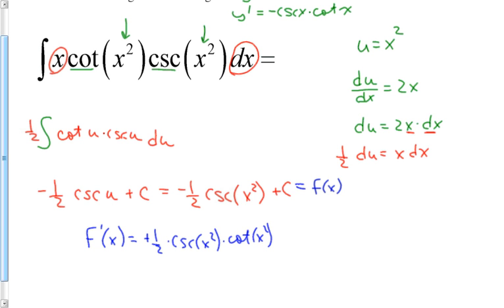Got to do my chain rule, so I'll have to take it times the derivative of x squared, which is 2x. So then my 2 and my half are gone, and I'm left with x times the cosecant of x squared times cotangent of x squared, which basically is what we started with. Okay, now with these problems that you've got, I have an answer sheet there. So as you're doing these indefinite integrals, you should be able to check your answers as you go. Okay, good luck.